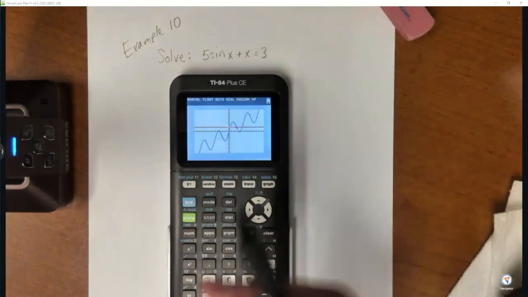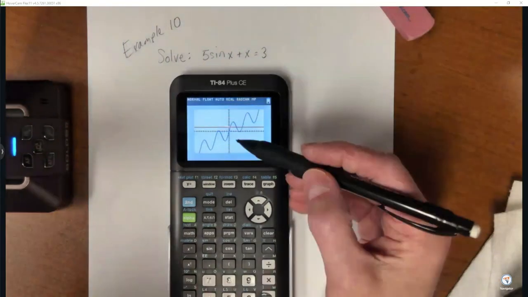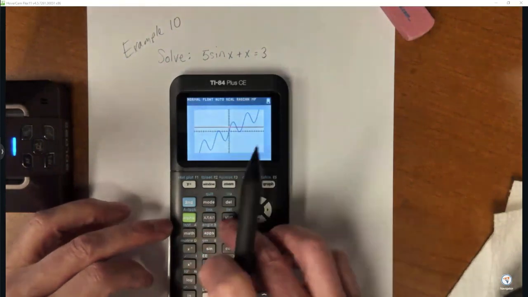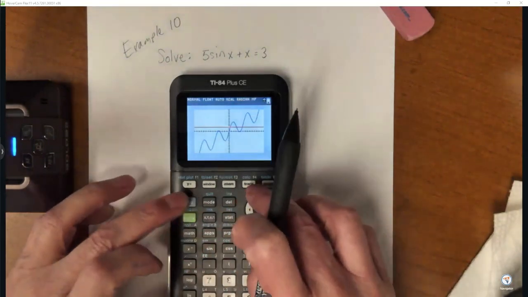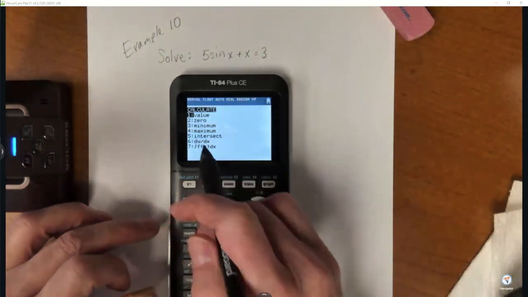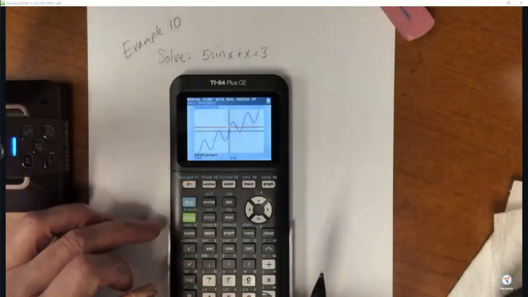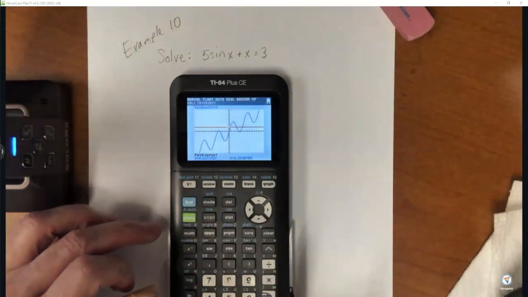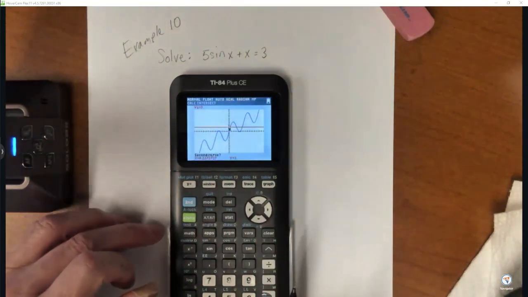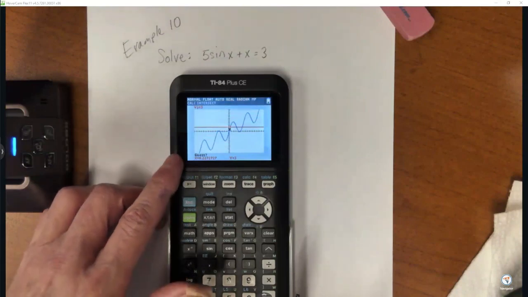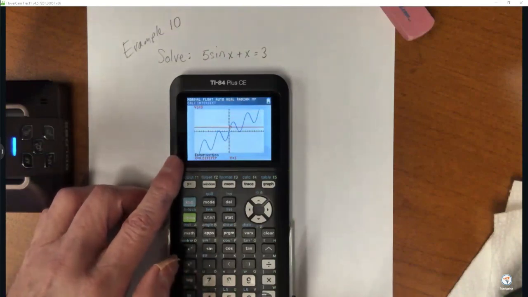Okay, so the tool on your graphing calculator that lets you find these points is called, if I go to the calculate menu, it's second calc, and we want to find the intersection. So I'm going to pick option 5 for intersect, and then I just need to get close to the intersection, and I hit enter to select each curve, and then when it asks you for a guess, you just hit enter one more time.